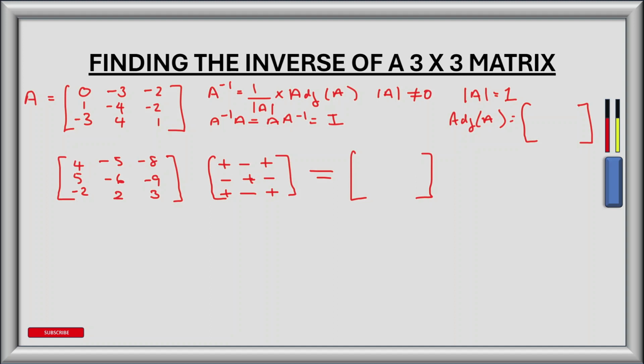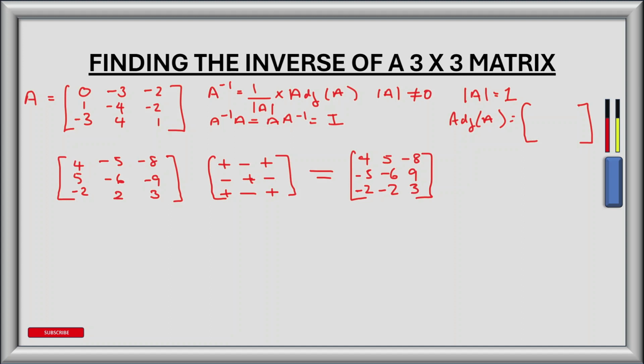So 4 remains the same. -5 and a minus, that becomes a +5. -8 and a plus, that stays as -8. 5 and a minus becomes -5. -6 and a plus is -6. -9 and a minus is a 9. -2 and a plus is -2. 2 and a minus, that becomes -2. And 3 and a plus stays as 3.